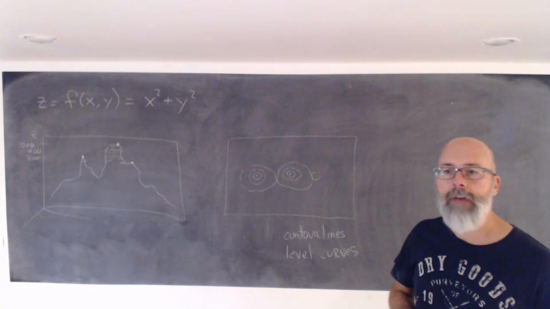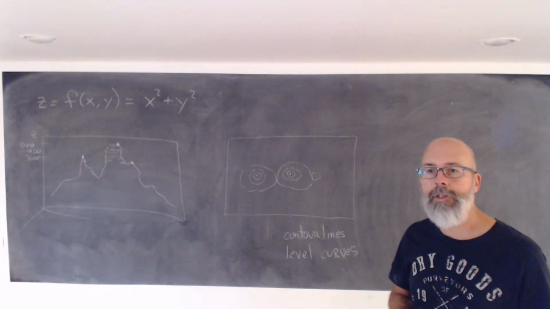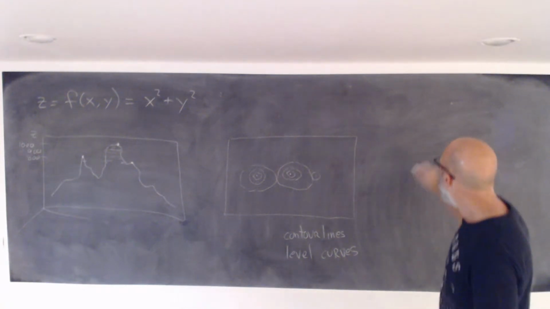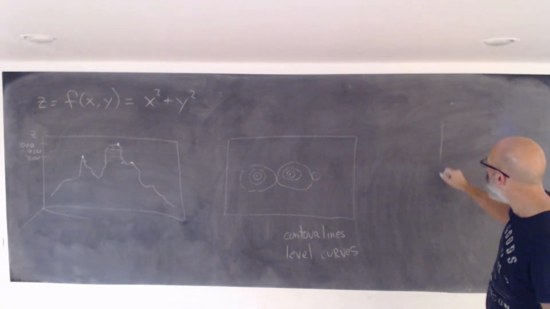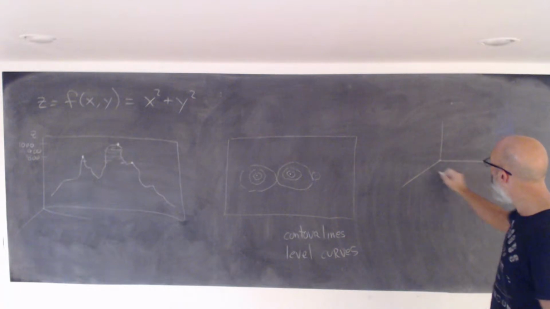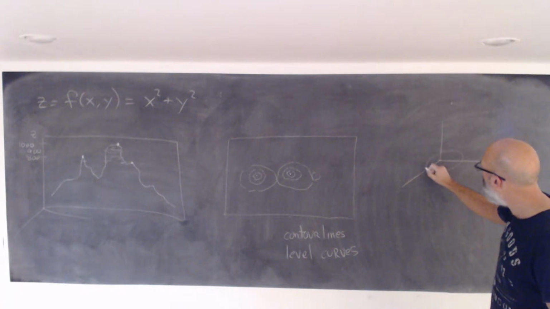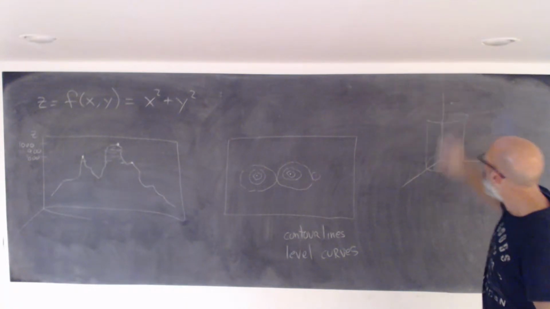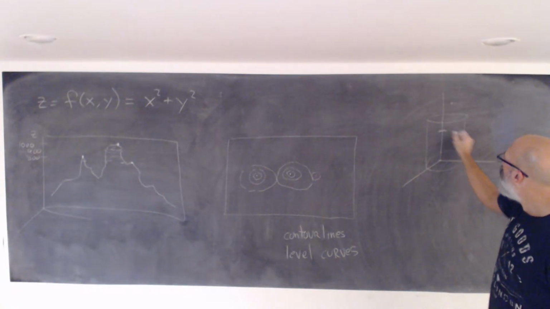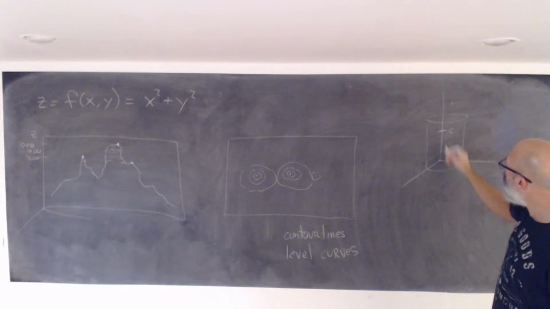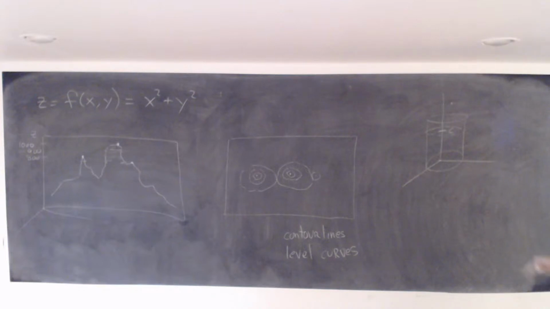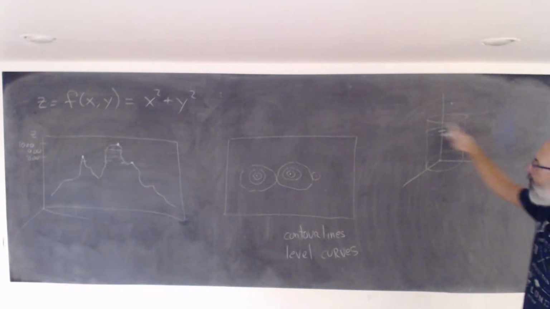Tony is asking, if we have a cylinder, will the contour lines overlap from the top view? Not sure what you mean here, but suppose you had a cylinder. If you fix any height c, the cut would just be a circle.